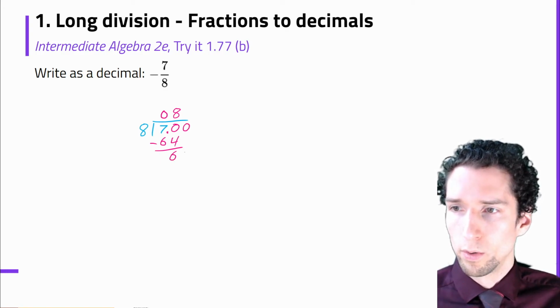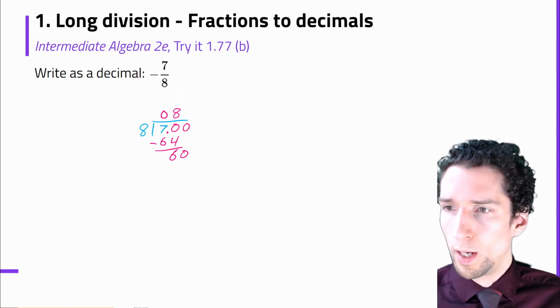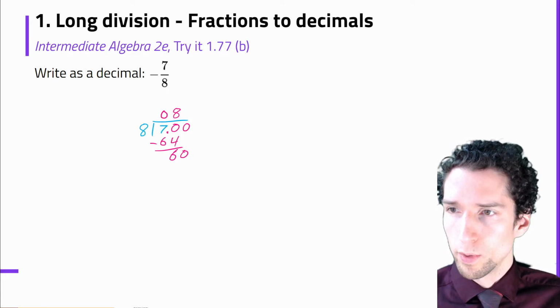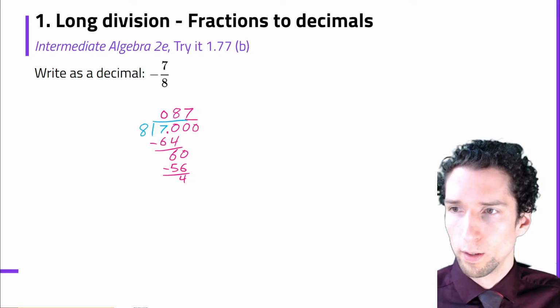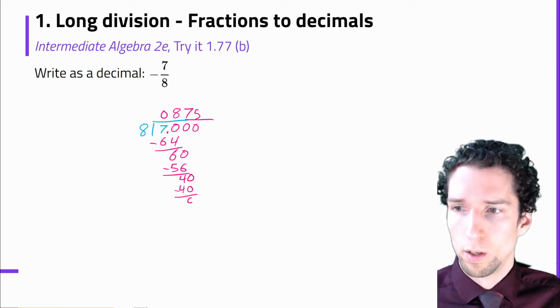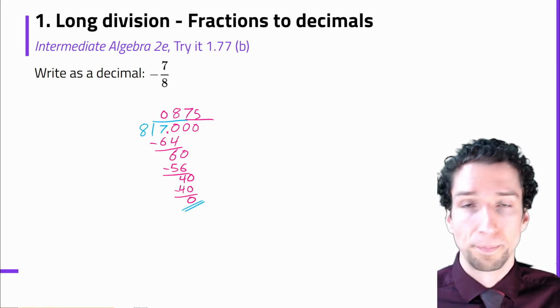Okay, 0, 8 into 60. Well, that is going to be 56, so 7 times. And then 4, and hey, we have our 4 again, so 8 into 40, that's exactly 5, 40, and 0.